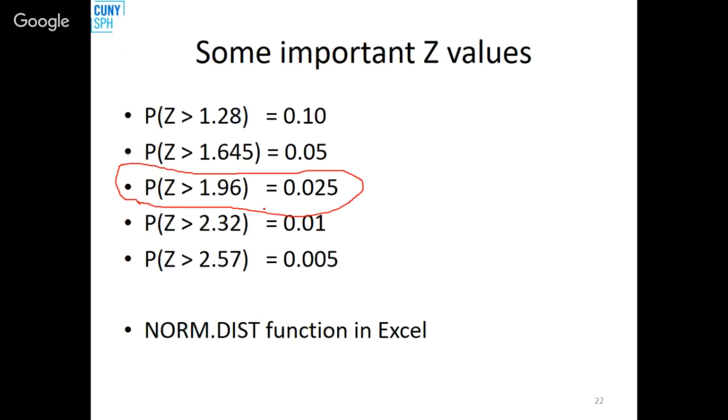That the probability of a random variable that is standard normal taking a value greater than 1.96 is 0.025. The probability of the absolute value, so meaning either greater than 1.96 or less than minus 1.96, what's that going to be?